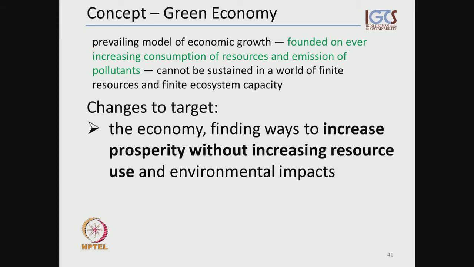Now, what can be done? First of all, there are two targets that can be changed. One is the economy has to find ways to increase prosperity without increasing resource use and environmental impacts. So now this changes the focus from consumption, as it is right now, to prosperity.